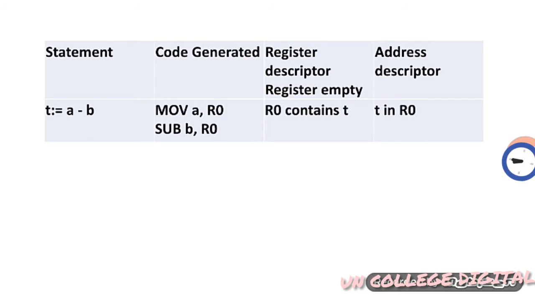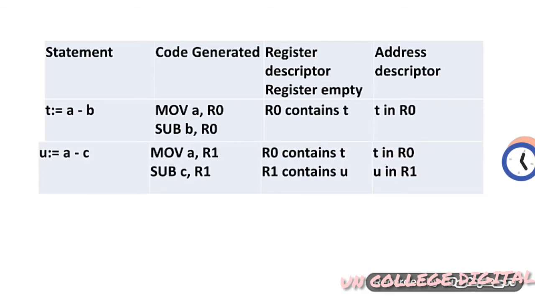Since r0 holds a, a minus b is calculated and stored in r0. Now the register descriptor status is that r0 contains t, and the address descriptor status is that t is in r0. In this way, the register descriptor and address descriptor perform their duty during each instruction execution.